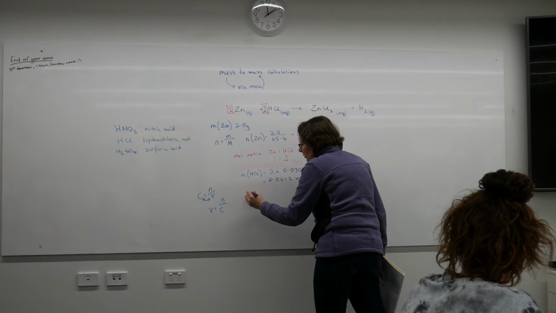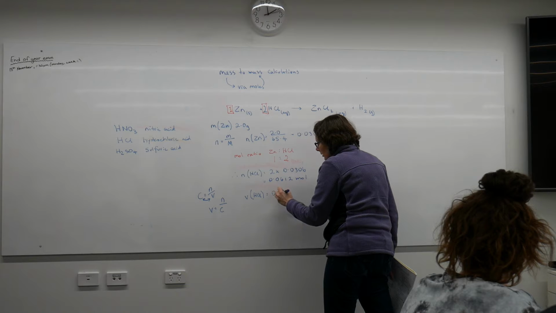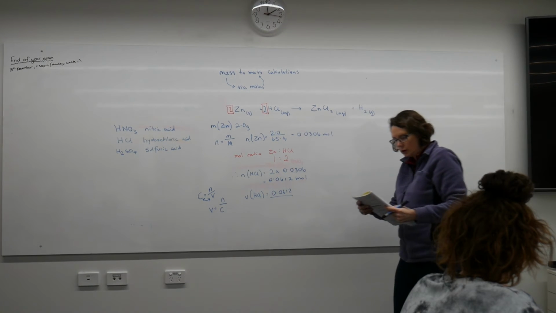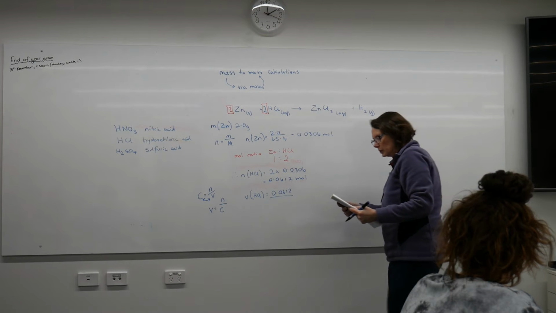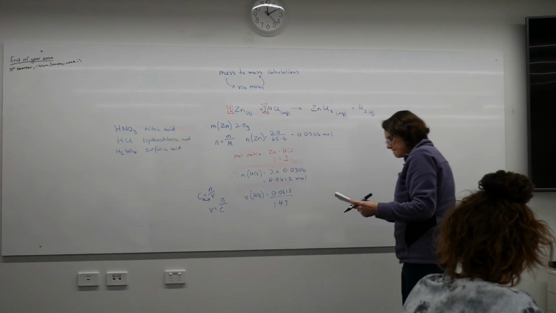So my volume then of hydrochloric acid will equal the moles, 0.0612, divided by the concentration we're given in the question, which was 1.47 moles per litre.